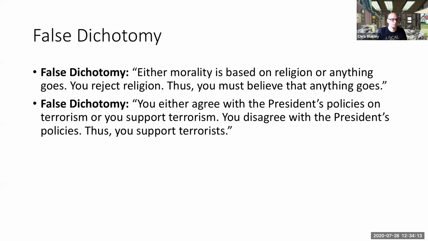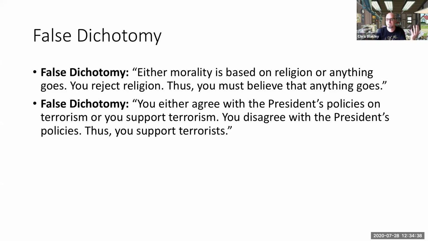Here's another example of a false dichotomy argument. You either agree with the president's policies on terrorism or you support terrorism. You disagree with the president's policies, thus you support terrorists. In each of these versions, it looks like a valid disjunctive syllogism argument, but because of the language that's used, it's obscuring or excluding an alternative. So in this case, we would say that the dichotomy is false.